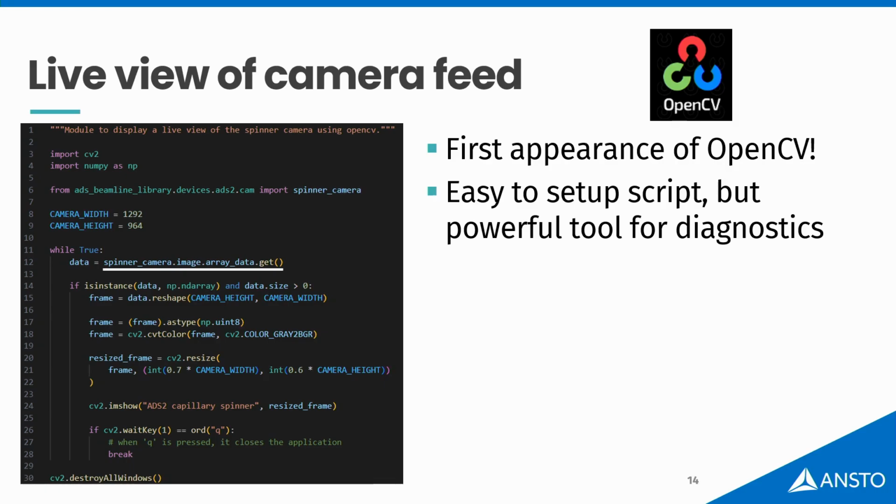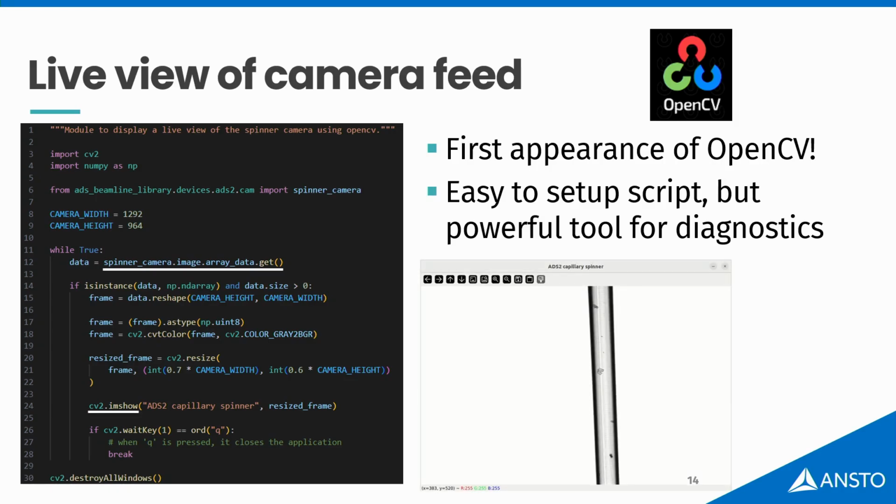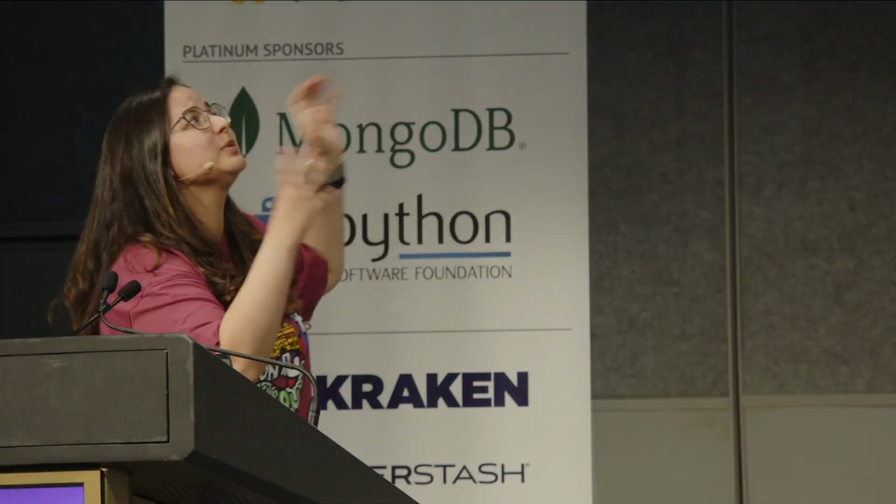I just play around with the size of this data, the shape of this data, and I use OpenCV's imshow to continuously consume the frames, and that gave me a live feed. And that was it. That's what it looks like. This is stationary, but if I move the motor, I would see the capillary moving in real time now. That was super easy, and that was super, super helpful as a debugging tool, because that was my eyes during the project.